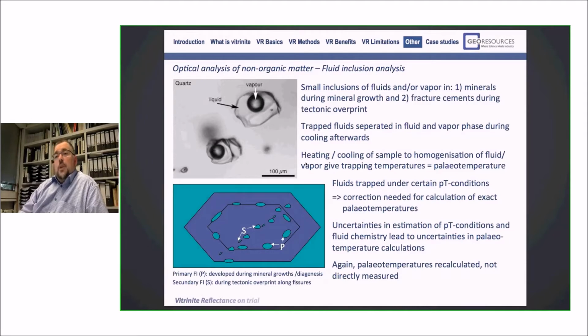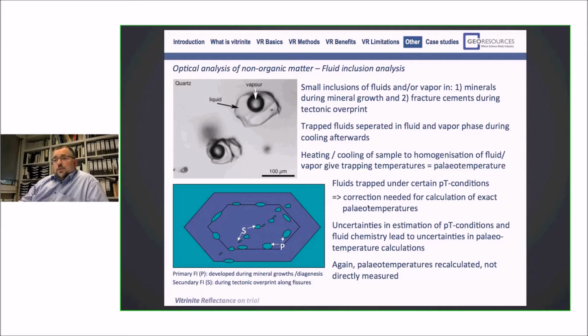So this seems to be a perfect method. We can exactly analyze the fluid temperatures, but these fluids were trapped under certain PT conditions, pressure temperature conditions, in the subsurface. Therefore, if we want to use the temperatures we get from our analysis here on the surface, we have to do a correction for the calculation of exact paleo temperatures regarding the original PT conditions.